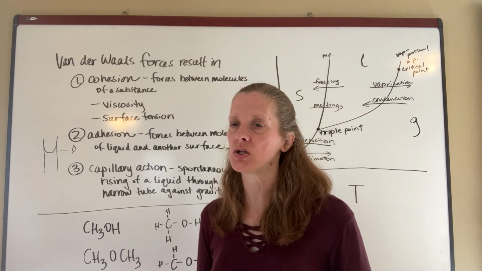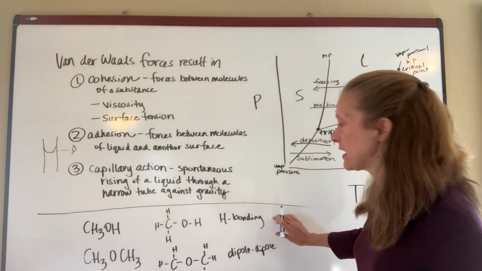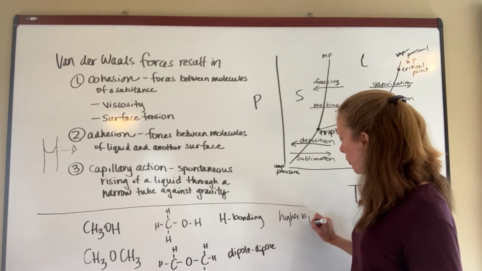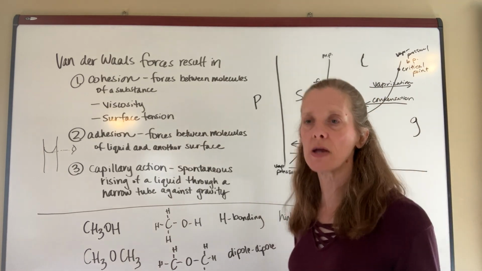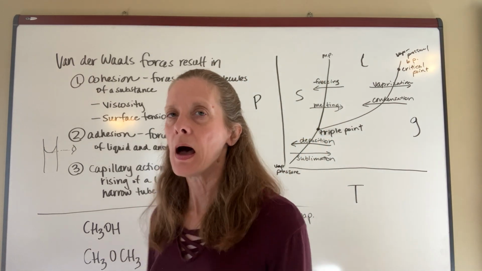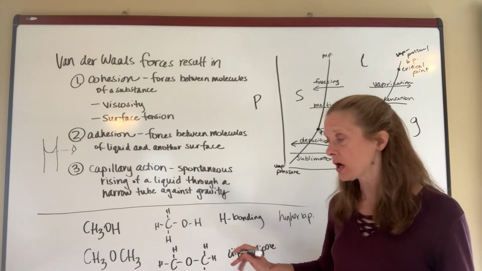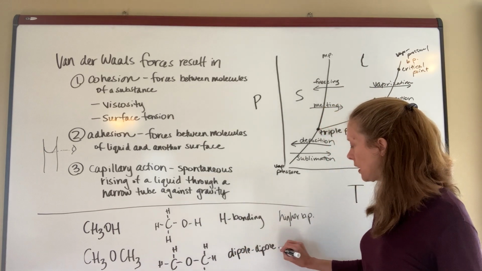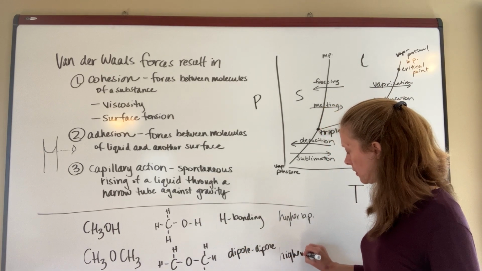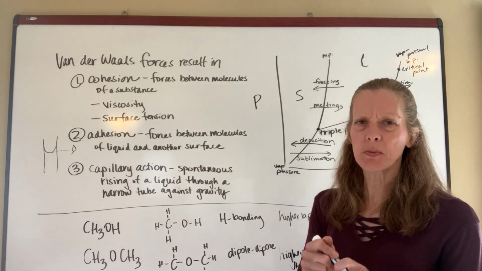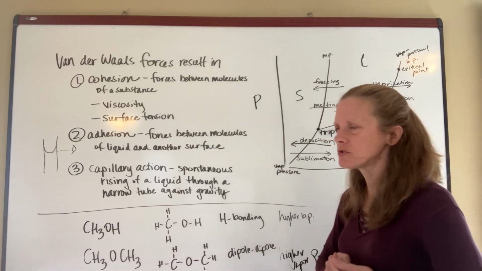Well, hopefully you said that this one, because it has hydrogen bonding, is going to have the higher boiling point because it's harder for those hydrogen bonds to be broken. The higher the boiling point, the lower the vapor pressure, and so therefore this one is going to have the higher vapor pressure.